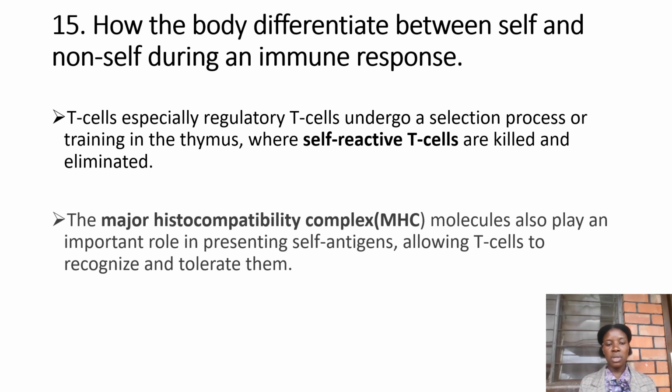Again, there are molecules called the major histocompatibility complex that are found on immune cells that help them to present self-antigens. When the antigen binds to them, they allow T cells to recognize them and to react. So if T cells fail to differentiate self and non-self, it may lead to autoimmune disease.